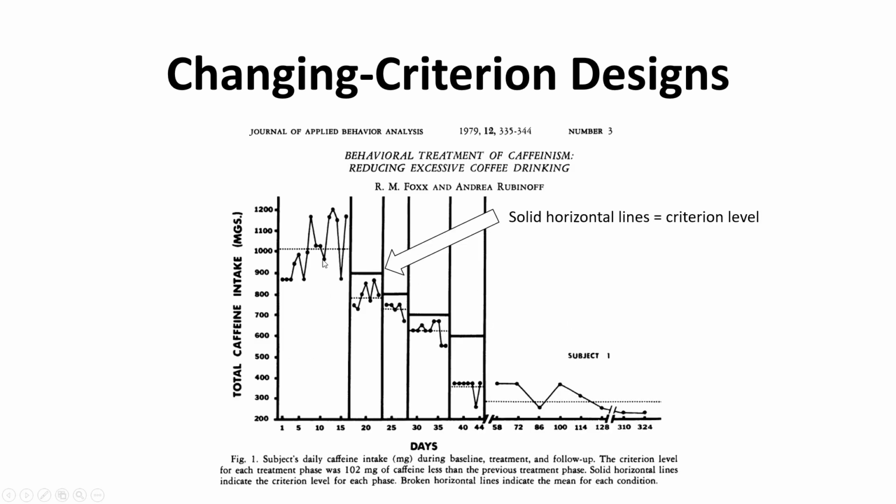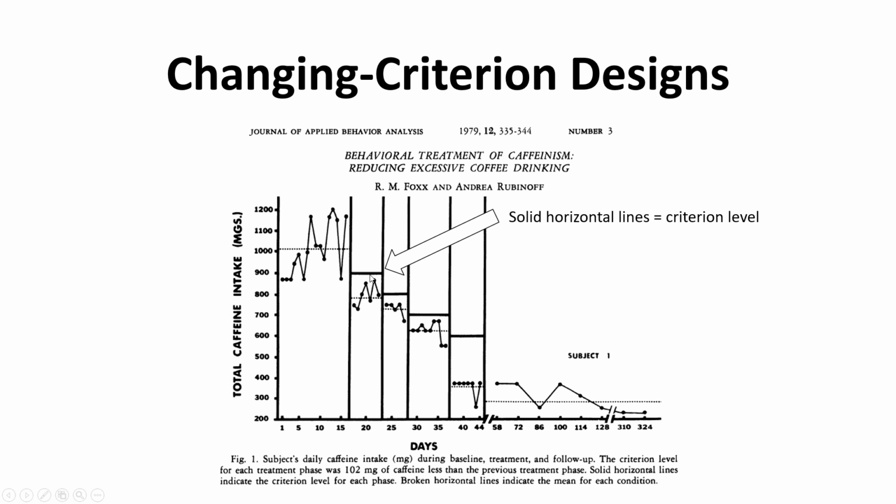And so we can see a visual of that here, where at the beginning we have our baseline of how much coffee they intake each day. And then the first line here is saying that they want it to reduce just a little bit. And this here is our performance. So these individuals were lower than that criterion level. So these horizontal lines show us what they were aiming for.